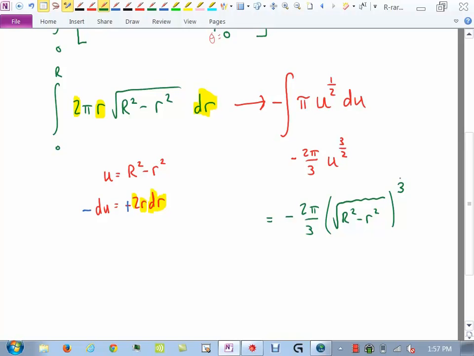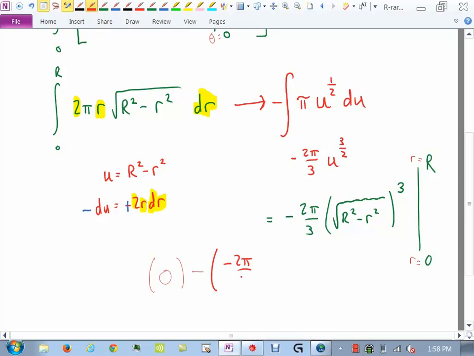This is just our u. Agree? And I'm going to now evaluate that from where to where? 0 to capital R. What happens if I plug in capital R for little r? Little r is our variable. If I plug in capital R for little r, I get what? 0. So I get 0, take away negative 2 pi over 3.